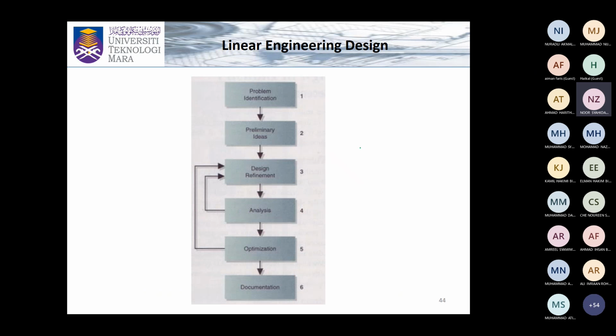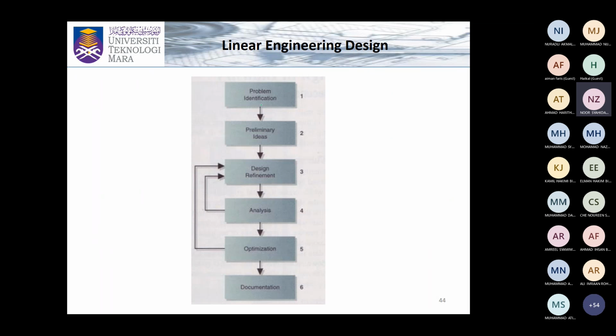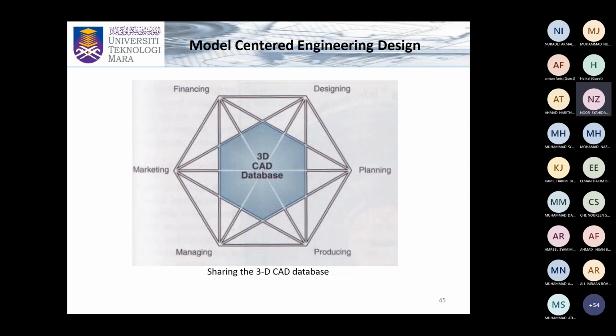So this is the linear or sequential engineering, where if there is a problem, you always need to backtrack one step or two steps. Unlike the concurrent situation, where when your 3D model is being modeled, anybody can join in to troubleshoot.